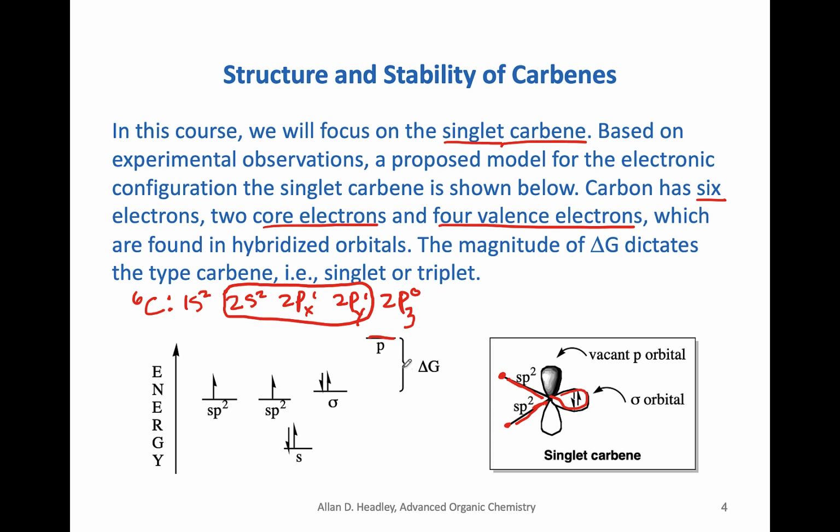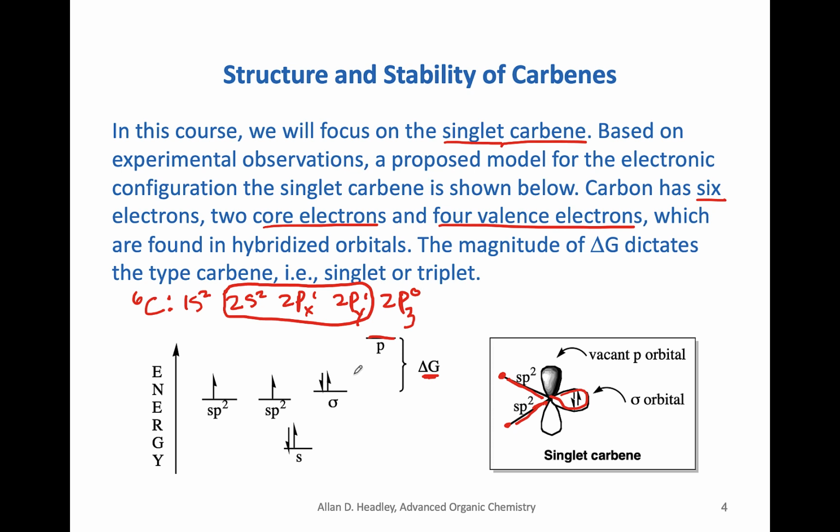Of equal importance here is this gap, delta G. If this gap is pretty large, these electrons will be paired. In other words, these electrons will be paired in the carbene. If it's small, if the gap comes down to here, for example, then that's where you can imagine we'll have the triplet carbene, where this electron goes over into the other orbital.